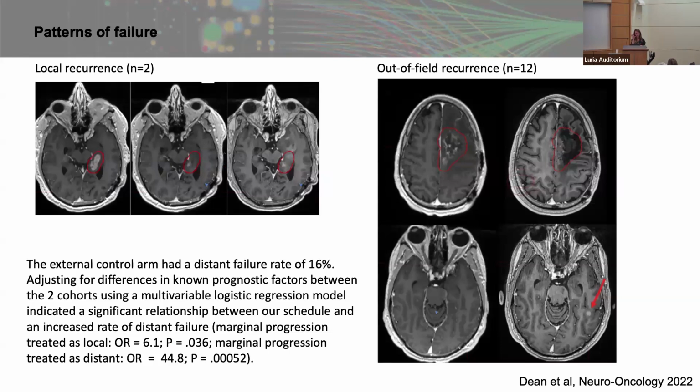That was the planning target volume of radiation from the beginning, versus in our trial, we had out-of-field recurrence in the majority of patients. And this is a very significant difference, where we see in just 2 cases recurrence within the planning field. Most of them actually recurred outside of this field of radiation, which suggests to me that we are far from having an efficacy readout because it was only 14 patients.